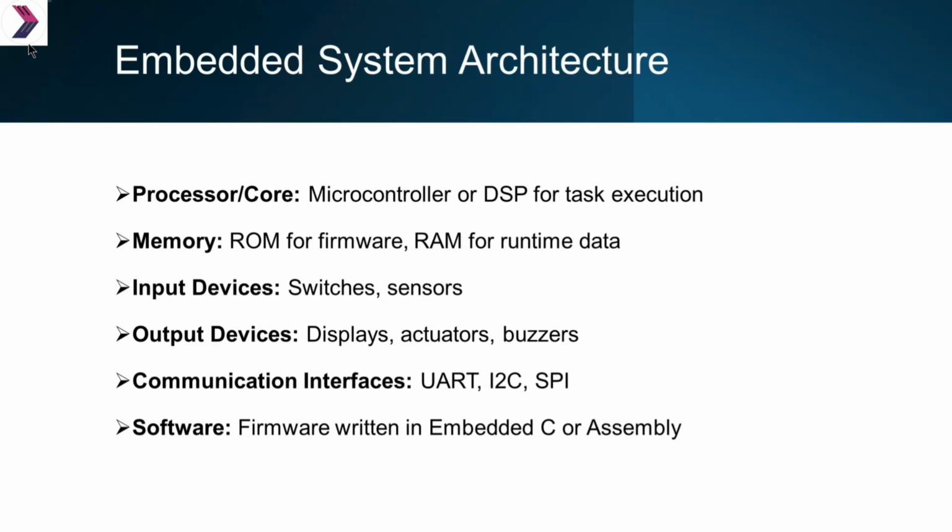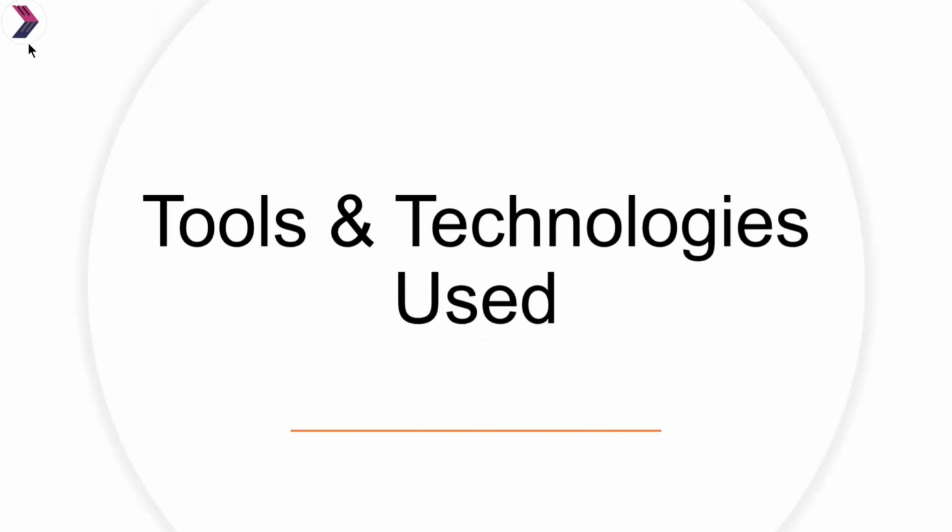To communicate with each other, like processor to input device or output device, we use communication interface like UART, I2C and SPI are some of the protocols of communication. Next is software. Firmware written in embedded C or assembly. Our washing machine's code is written in embedded C. Next, move to the tools and technologies that are used in washing machine project.